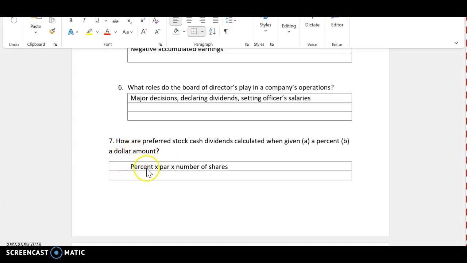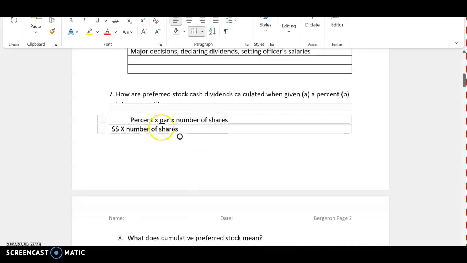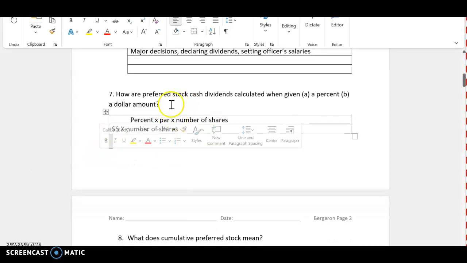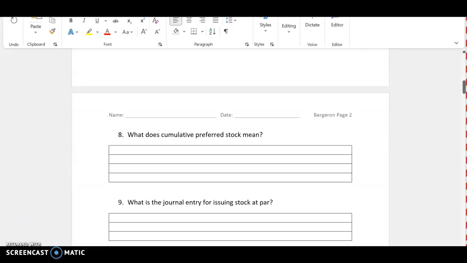If you're already given a dollar amount, that dollar amount is already percent times par, so you just take that and multiply it by the number of shares. So if they give you the dollar amount, you're one step ahead. And this is how you calculate the number of preferred dividends that should be given out if the board of directors authorizes enough dividends to give out to your preferred stockholders.